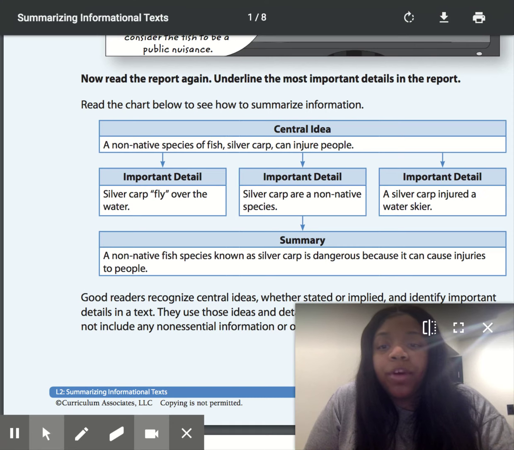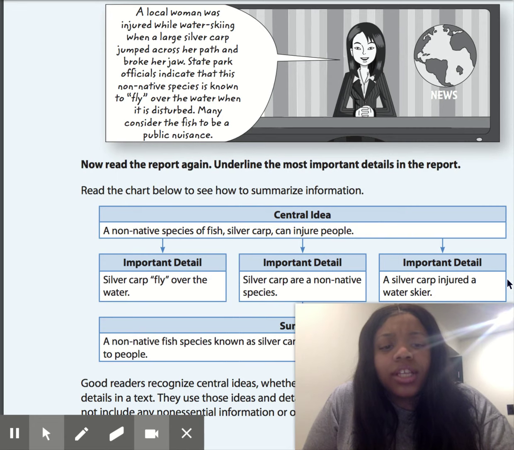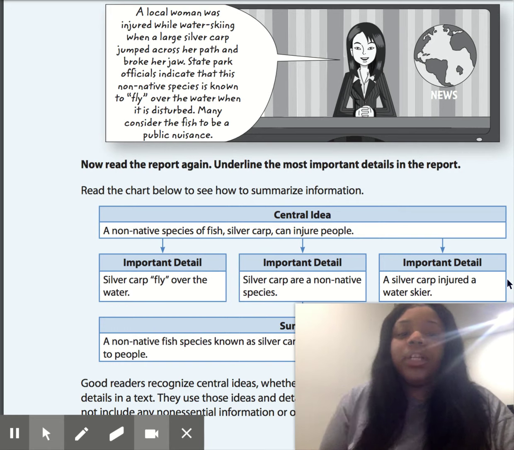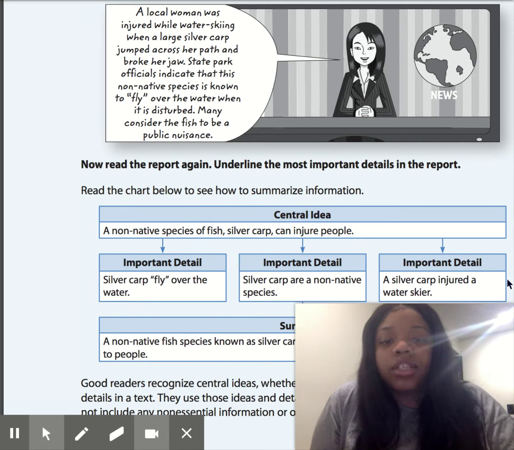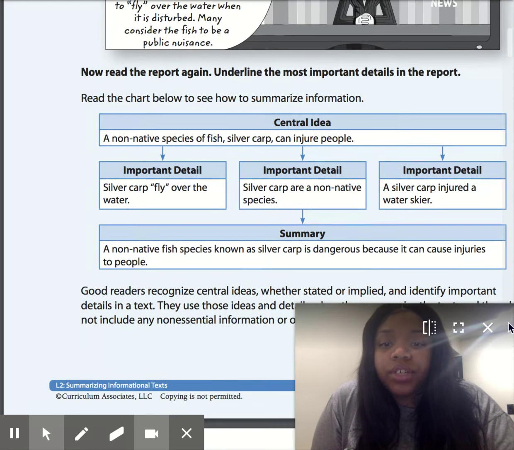So when we go back up to the central idea, it is okay because the author is talking about this fish and how it injured a local woman, right? Just like the important details are good because they relate to the central idea. So the summary will be a whole lot easier for us to write, yes? Yes. So the summary is: a non-native fish species known as a silver carp is dangerous because it can cause injury to people.